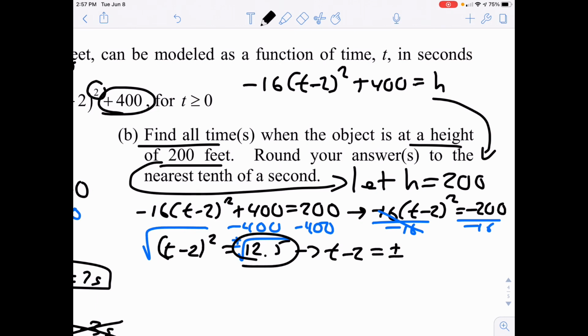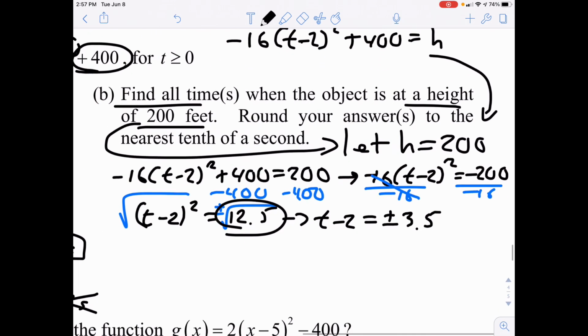The approximation of the square root of 12.5 is about 3.5. I'm going to round it to the nearest tenth. And so our answers become t minus 2 is equal to 3.5, or t minus 2 equals negative 3.5.